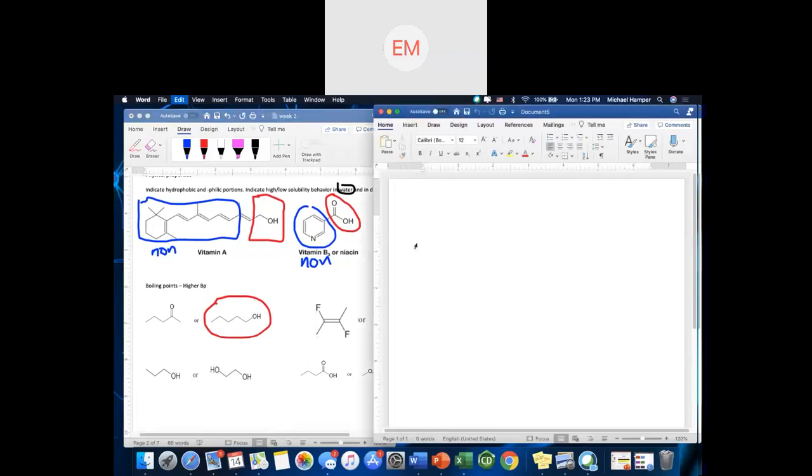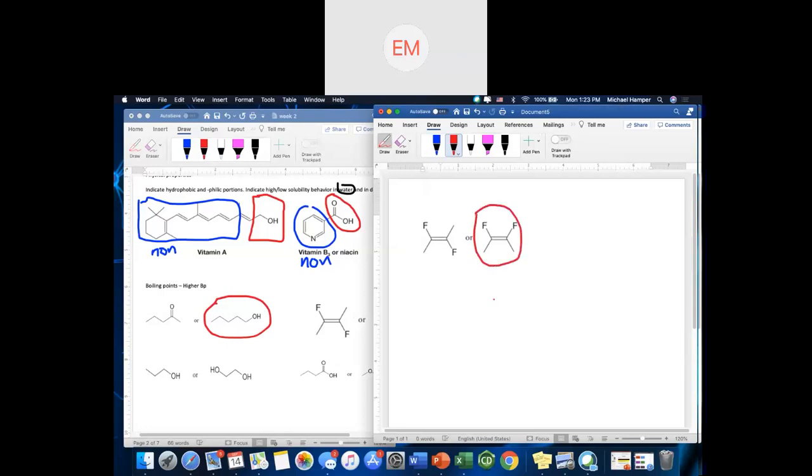You could argue there's more surface area for the carbons to interact with each other with London dispersion forces, but that's not the main thing we're looking at for that one. It's easier to go through hydrogen bonding than London dispersion forces. But you are right, technically they are the same length because they have the same amount of carbons in the molecule. It's a good way to look at it.